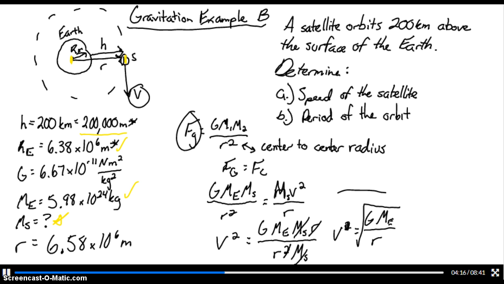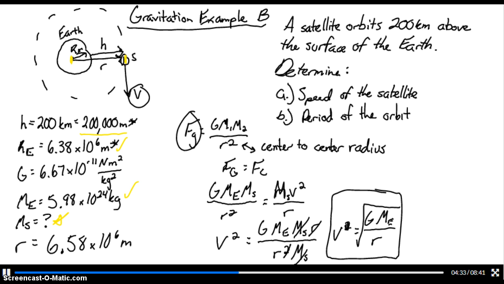So this is a general formula. You're going to see a whole lot that says the orbital velocity is equal to the square root of the gravitational constant times the mass of the object that's being orbited, in this case that's the Earth, divided by the radius.